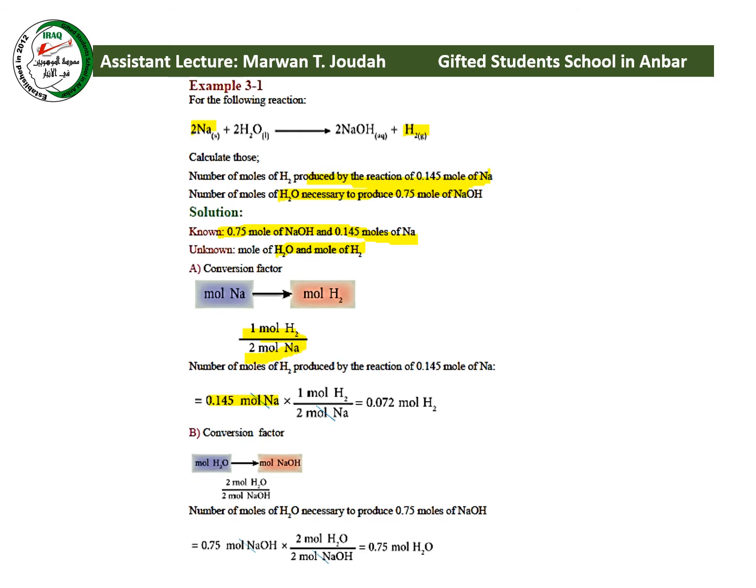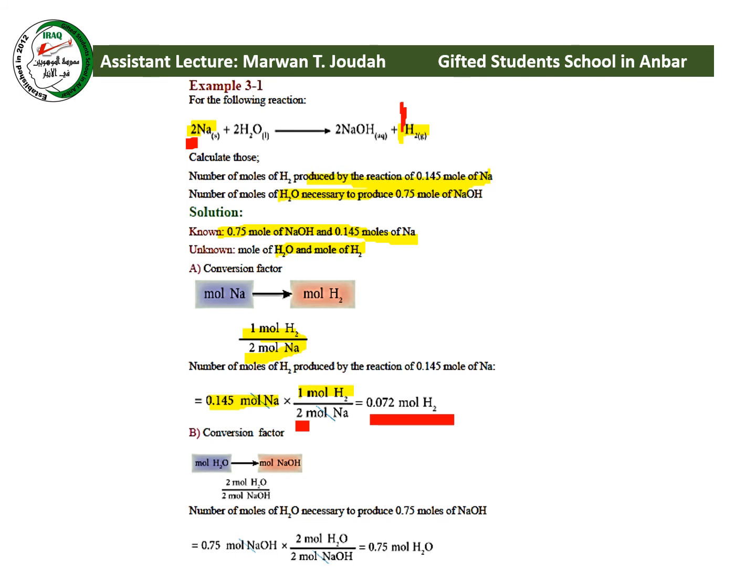So 0.145 moles of sodium times 1 mole of hydrogen. This is from the equation: there is no number in front of the hydrogen, which means it's 1 mole. And we have 2 moles of sodium on the reacting side. So 1 over 2 is 0.5, times 0.145 moles gives us 0.072 moles of hydrogen. So this is the first requirement, the number of moles of hydrogen.